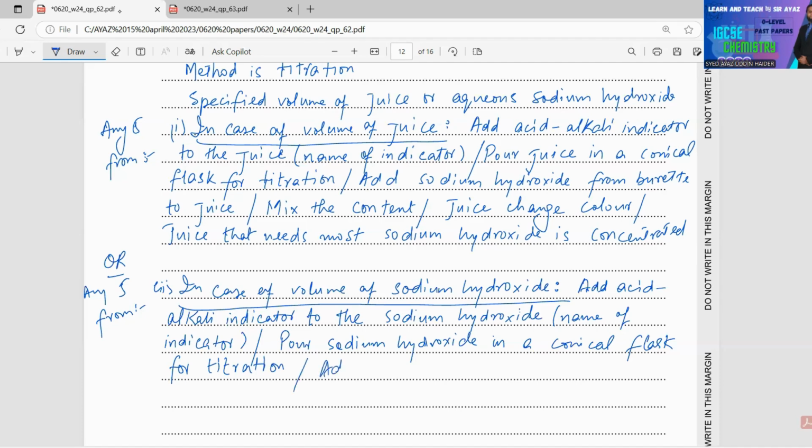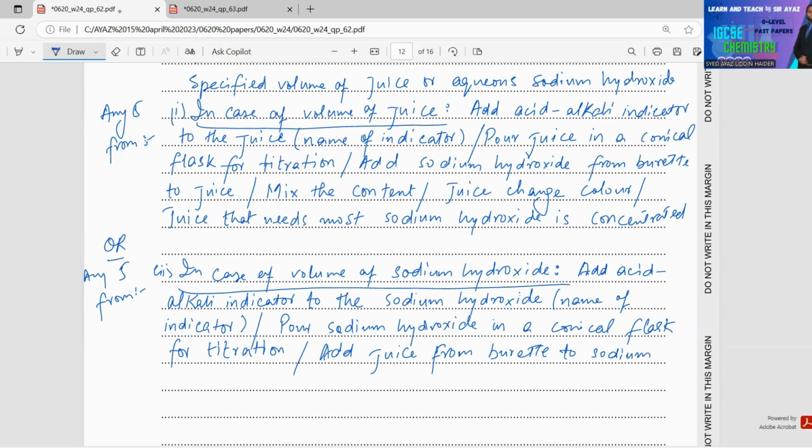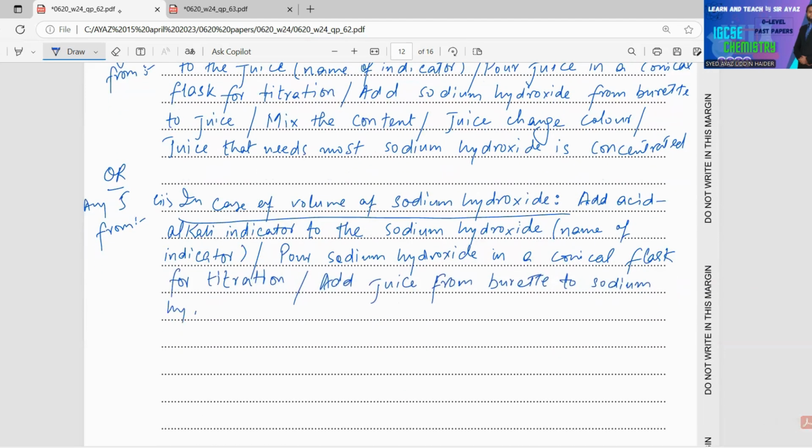You will add juice from burette to sodium hydroxide. Mix or swirl the contents in the flask.